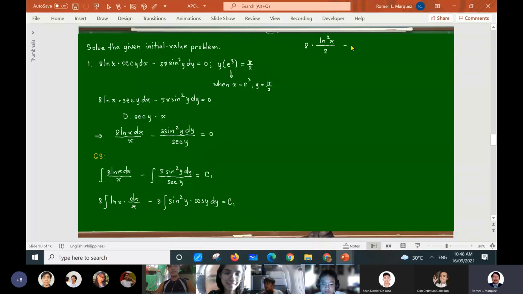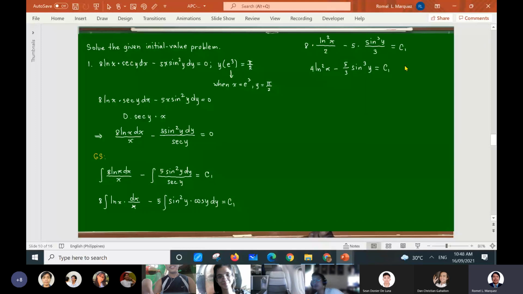Second term, minus 5 times u to the n plus 1, sine cubed y over 3, equals c sub 1. Again, general power formula. So this is 4 ln squared x minus 5 over 3 sine cubed y equals c sub 1.